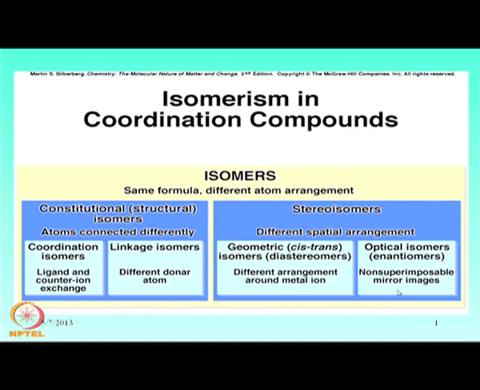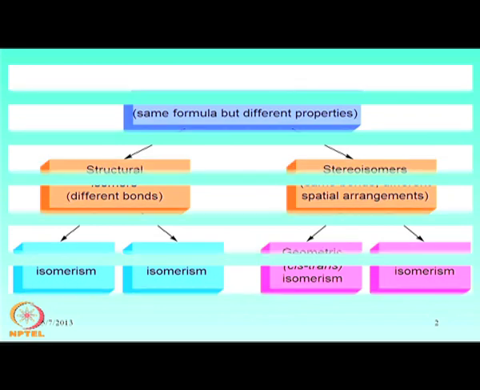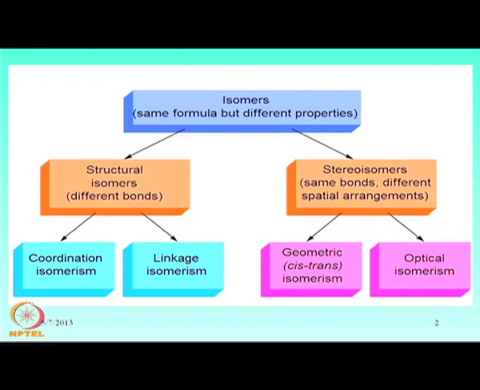We will discuss in detail how the superimposable and non-superimposable cases of the mirror images of the complexes are responsible for the development of optical isomerism. So, basically what we see is that when we have isomers, we can have the same formula but different properties, which is very important to know. That is why we are studying isomerism.